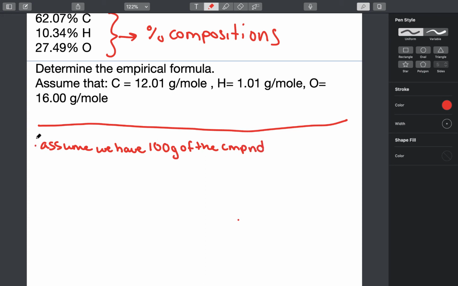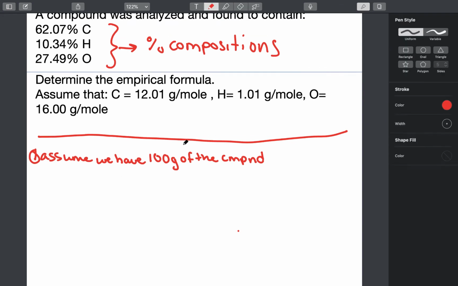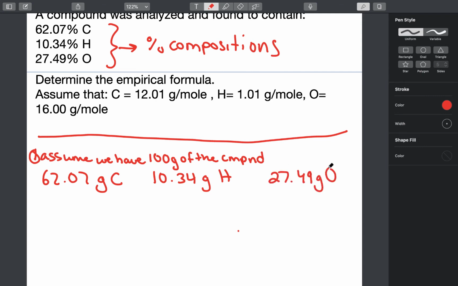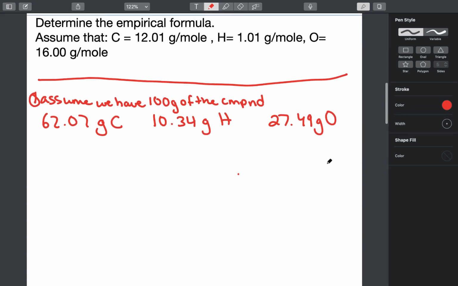That is the first step. So from this we see that we have 62.07 grams of carbon, 10.34 grams of hydrogen, and then 27.49 grams of oxygen. And if you don't understand why, I'll just do a quick mathematical expression just to show you.